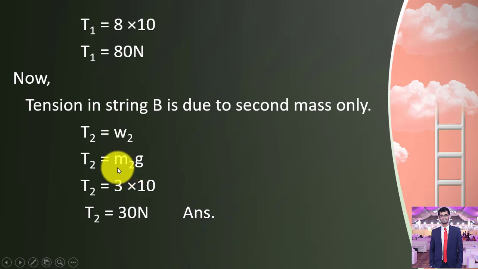Putting the values in this equation, we get T2 is equal to 3 multiplied by 10. 3 is the value of the second mass and 10 is the value of gravitational acceleration. And we get T2 is equal to 30 Newton. And this is the answer of this question.